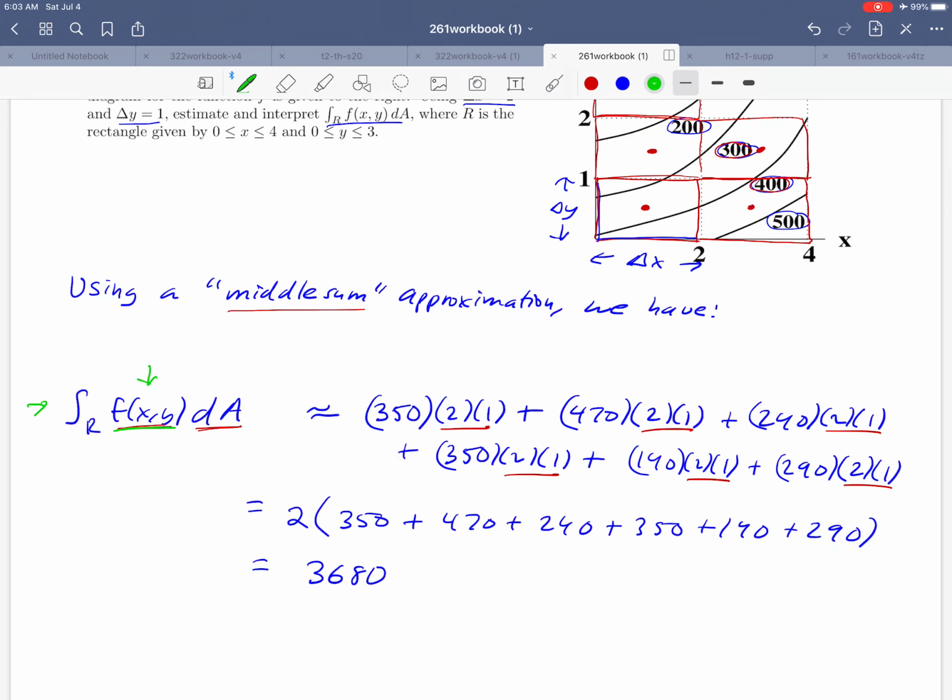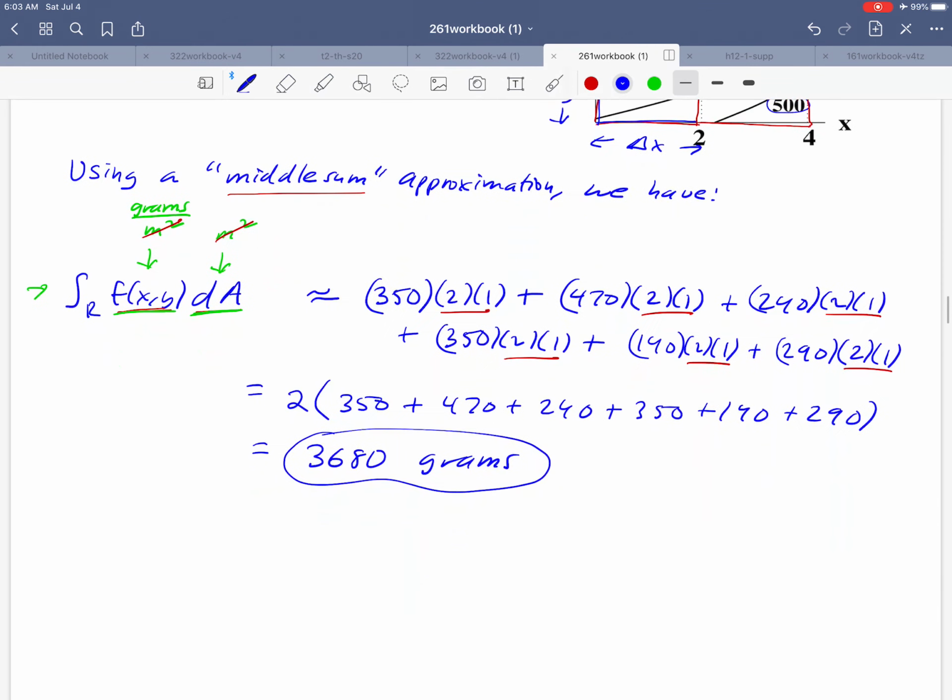You can look back in the problem and notice that that was measured in grams per square meter. And we multiplied that f of xy by an area. An area, in this case, was being measured in meters squared. We're multiplying those, so what happens if you multiply those two units? Well, the meters squared goes away, and we wind up with units of grams.